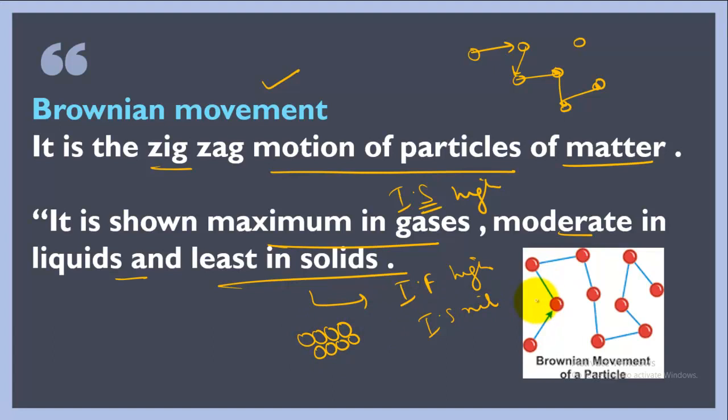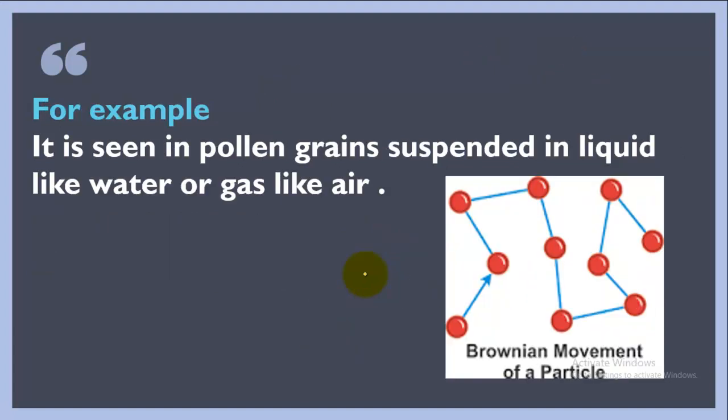For example, it is seen when pollen grains are suspended in a liquid like water or in a gas like air. They show a zigzag movement, which is termed as Brownian movement.